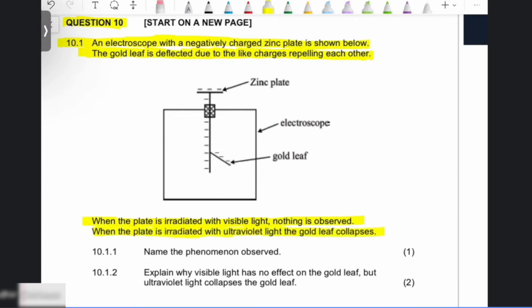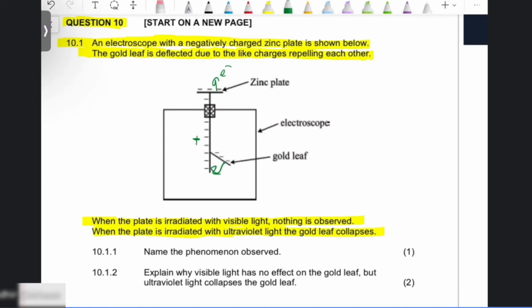Now, why would the gold leaf collapse? You might be asking yourself, what is actually going on here? So when we release an electron here, that means this piece here is going to end up a little bit more positively charged, and this is going to collapse.